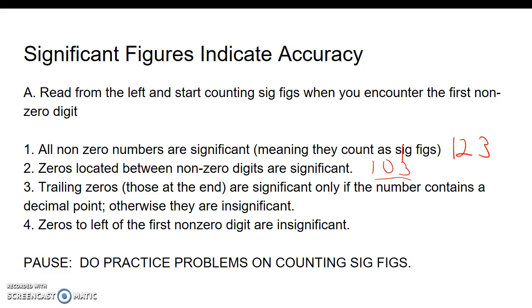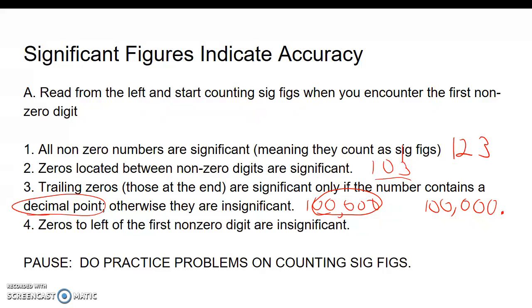Trailing zeros are significant only if there's a decimal point. So let's say, for example, we have 100,000. Those zeros are not significant. But if we have 100,000 with a decimal, now they are. So zeros at the end, trailing, are only significant if at any point in the number there's a decimal point.